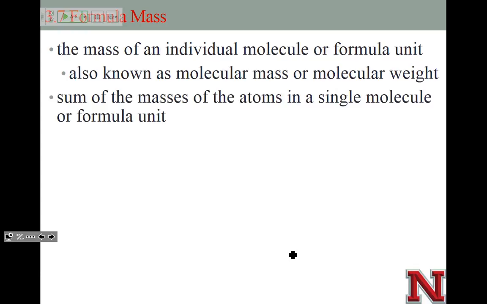So all that is the sum of our masses of our atoms in our compound. Because remember, we talked about the law of conservation of mass. Whatever we have started with, that's what we have to have. So if we have 1 oxygen and 3 hydrogens, our mass is going to be the mass of 1 oxygen plus 3 hydrogens added together. So we have to consider how many of each atom we have as well.